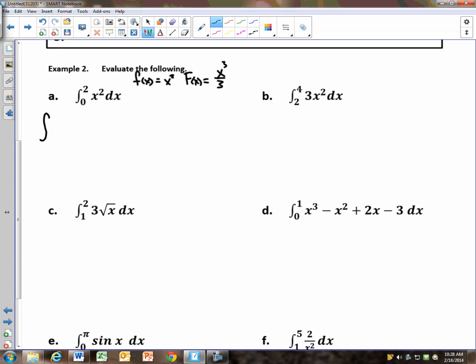We will say the integral from 0 to 2. So this is a definite integral. Definite meaning it's bounded, top and bottom. The definite integral of x squared dx, which also refers to the area between 0 and 2 and the x-axis and the function x squared. Okay, I'll draw a little graph here.